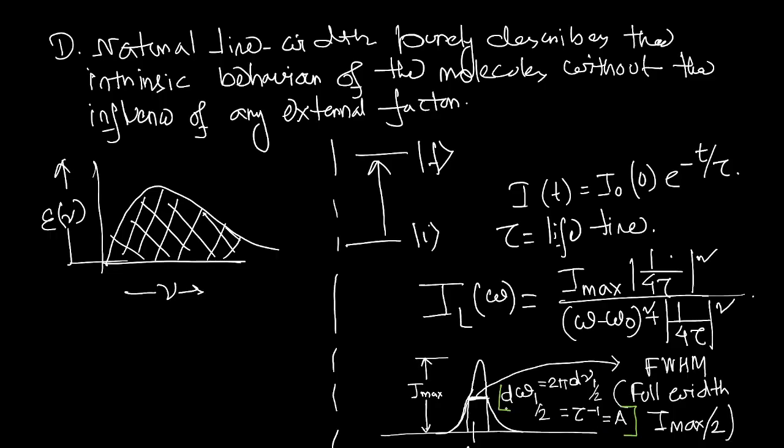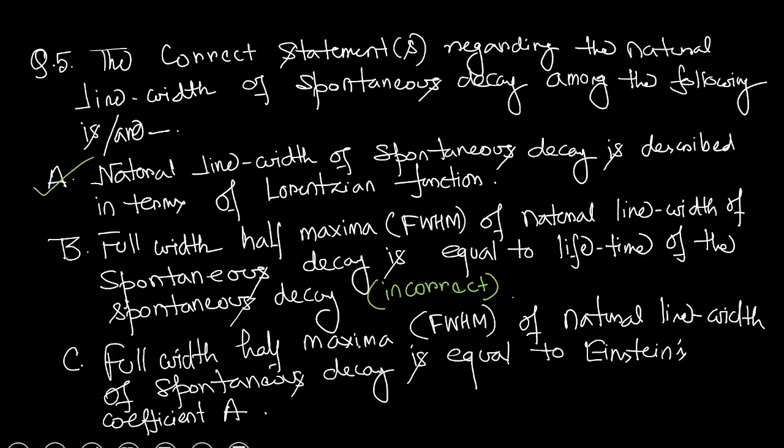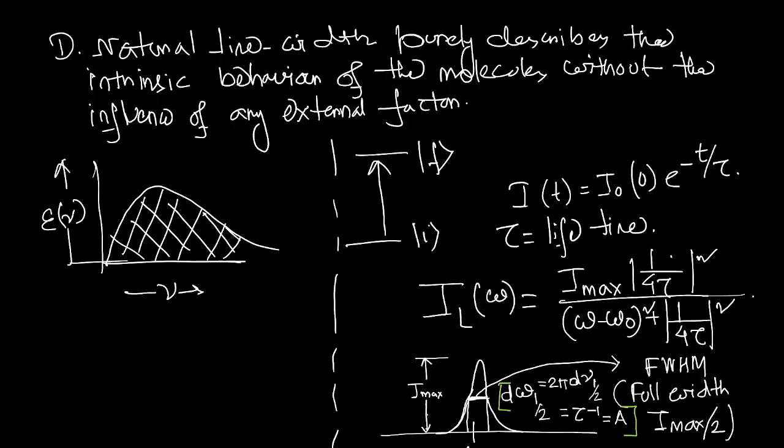So this is the expression, so this is a correct one. And the last one, the natural line width is purely described by the intrinsic behavior of the molecule without influence of any external factor. Okay, so this is a correct option.